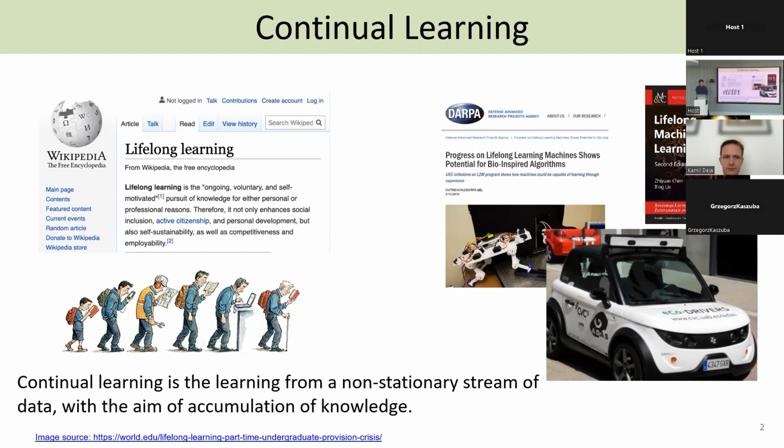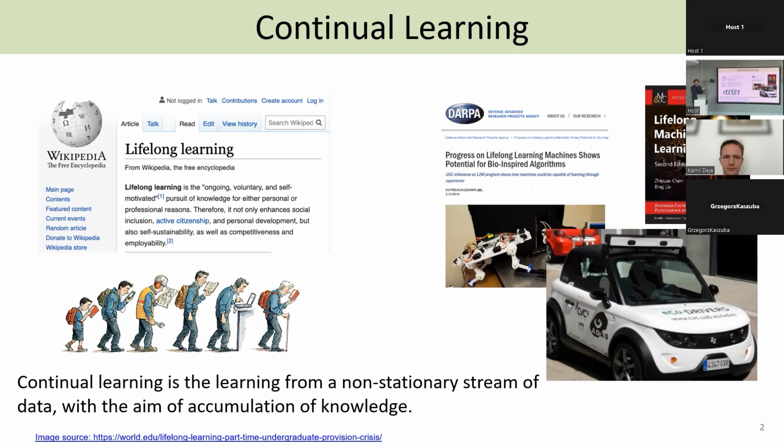Sorry about that. So, continual learning, I think for most of the people here in the audience, is well known. We had a workshop a couple of months ago already, and we tried to define what it was. So we came up with the definition at the bottom: continual learning is the learning from a non-stationary stream of data with the aim of accumulation of knowledge.